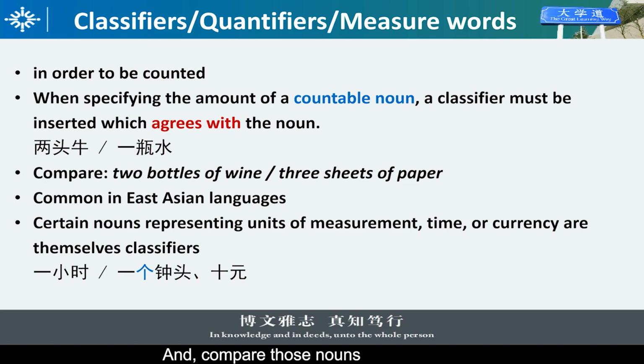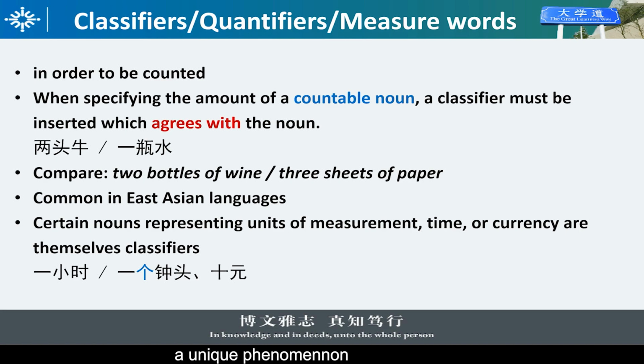And compare those nouns used as similar of a classifier in English, like bottles of wine, because the wine is uncountable, or 3 sheets of paper, because paper is uncountable. So uncountable nouns in English must be used as in such, but countable nouns in English do not necessarily use such classifiers. Only the numeral and the noun in English, but number, noun, and the classifier in between in Chinese.